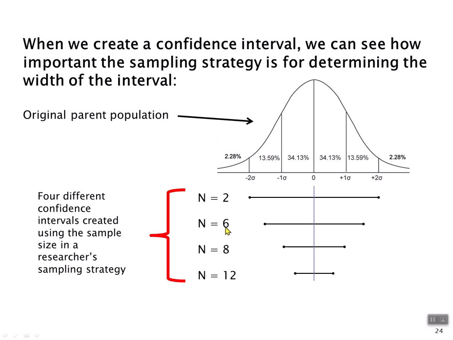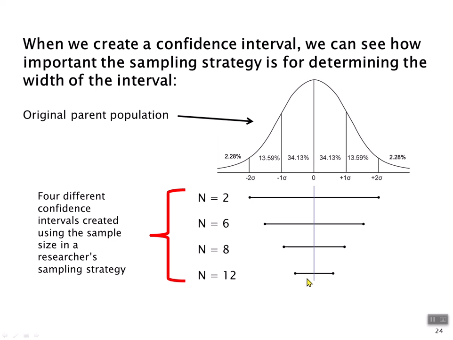With 6 in your sample, your sample mean is 95% likely to fall within this range, and you can see that the range gets smaller. With 8 in your sample, your sample mean is going to fall within this range, and with 12 you get even closer. The whole point here is that the larger the sample that you have, the closer your sample mean will be to the true population mean.